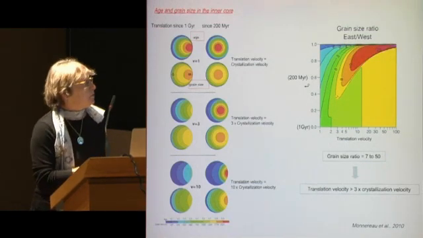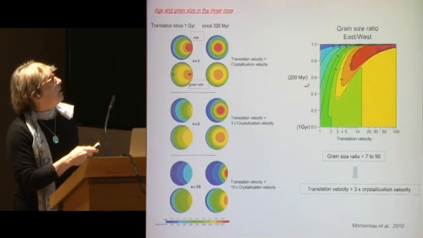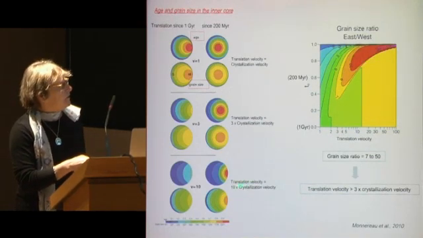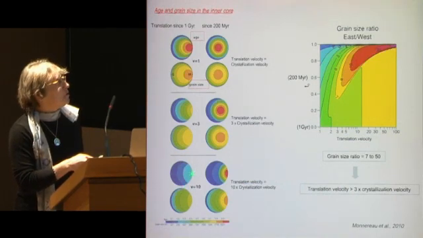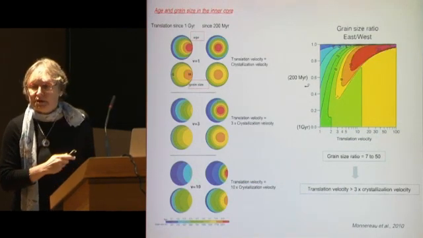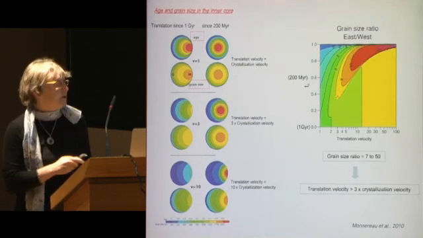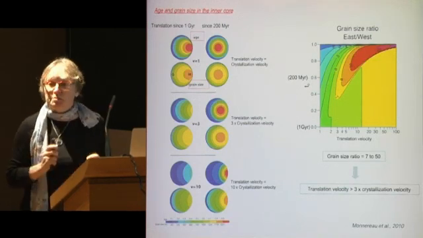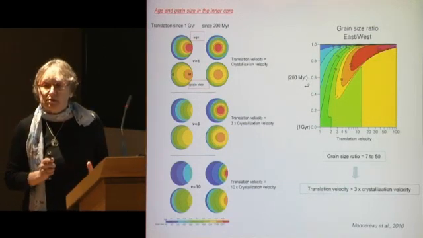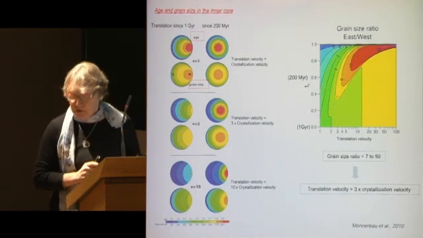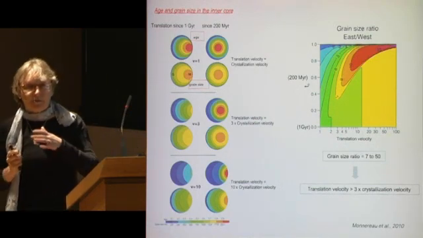By contrast, if we look at fast translation, here, for example, we have completely lost the original inner core. Everything has disappeared. We have completely lost the memory of the history of the inner core. It's a little bit like plate tectonics.